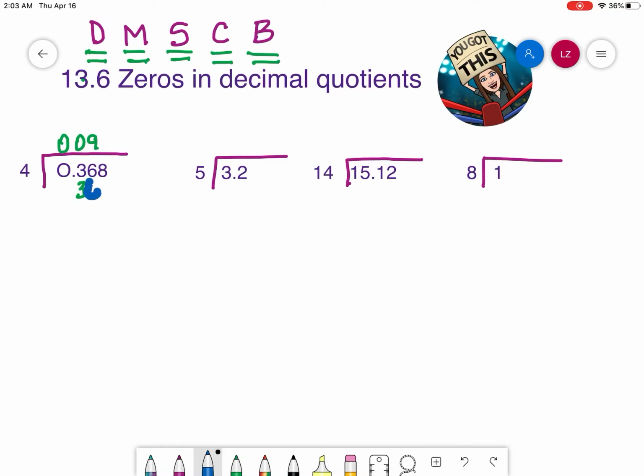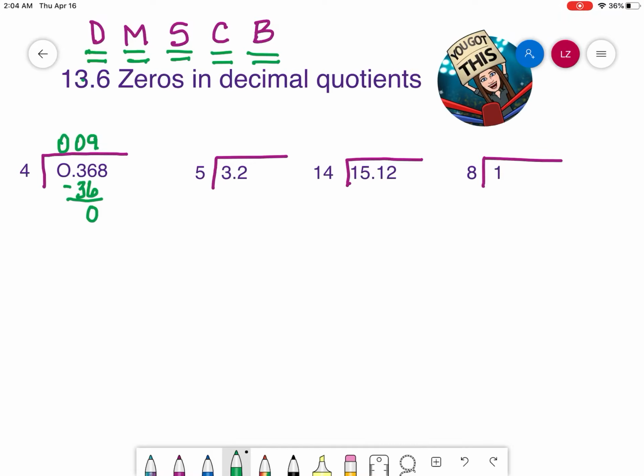We have divided. We have multiplied. Now we're going to subtract. We're going to check. That means you check to see that what you have left so far is less than this 4 over here. The 0 is less than the 4, so we're good to go.